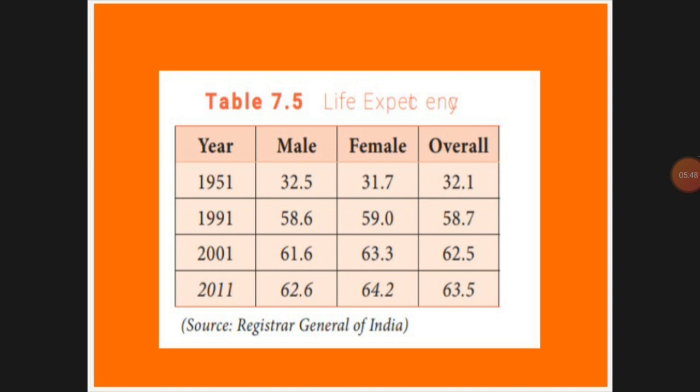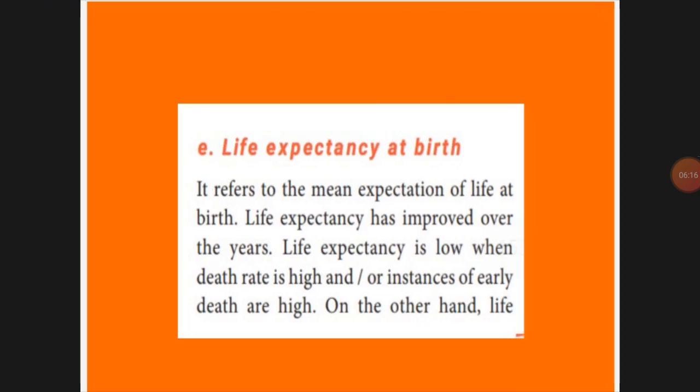In 2011 a male can live up to 62 years and the female can live up to 64.2 years, compared to 1951, only 31 years. Overall, 33 years a human can live in India according to the 2011 census. This is the improvement in the field of medicine, we can consider.